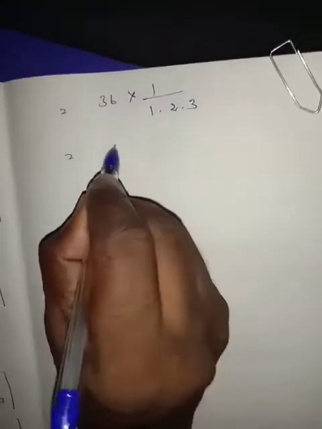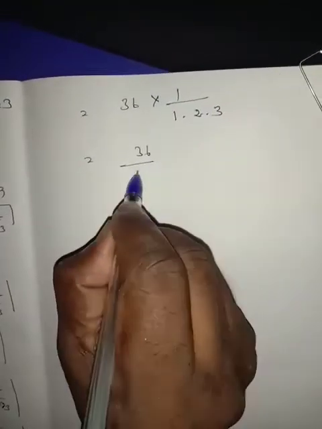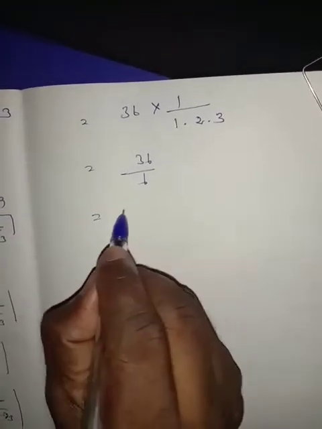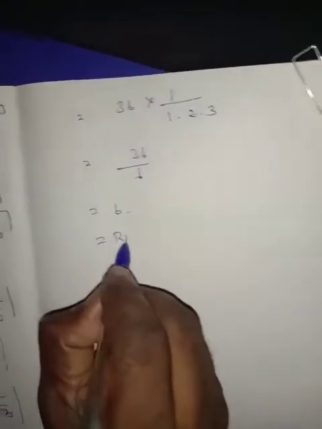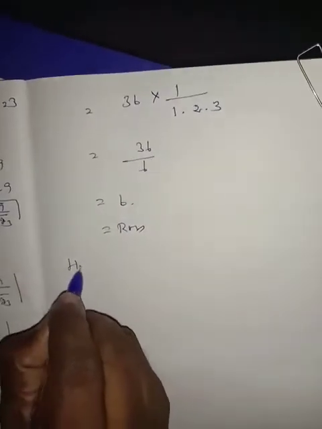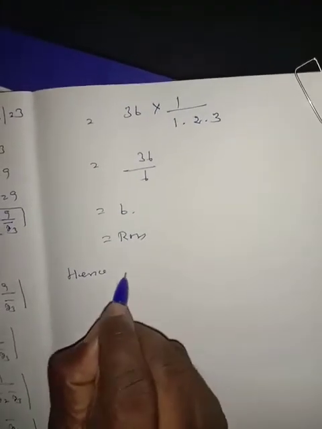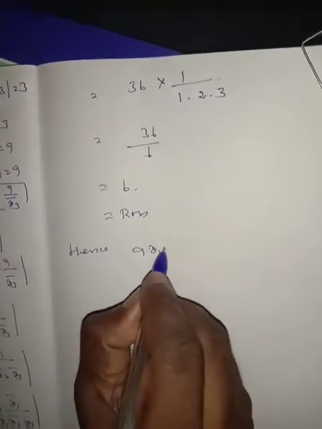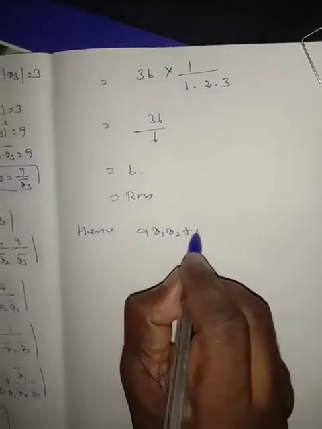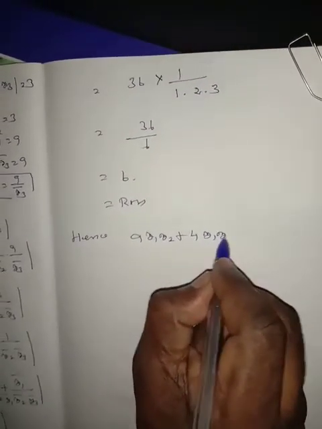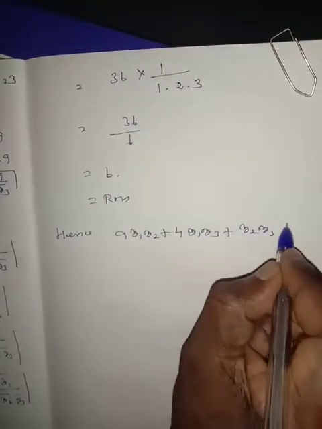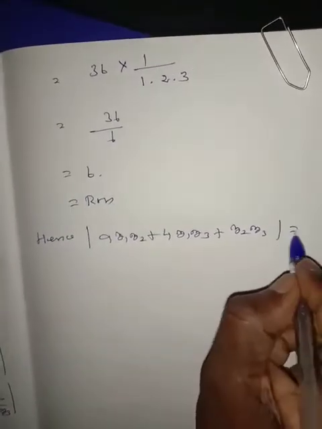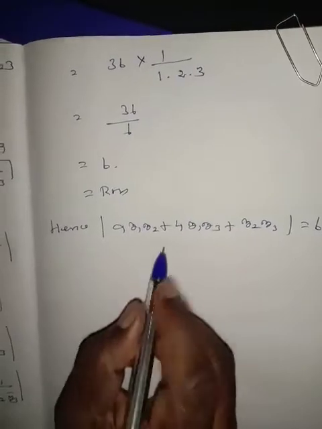Therefore 36 divided by 6 is equal to 6. Hence this is the RHS. Hence 9 Z1 Z2 plus 4 Z1 Z3 plus Z2 Z3 is equal to 6. Hence the result.